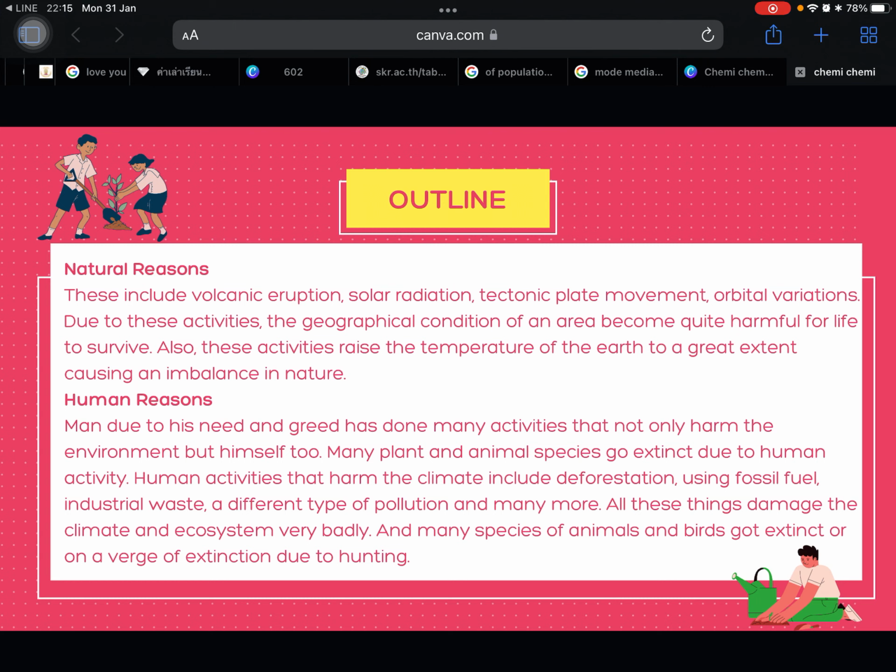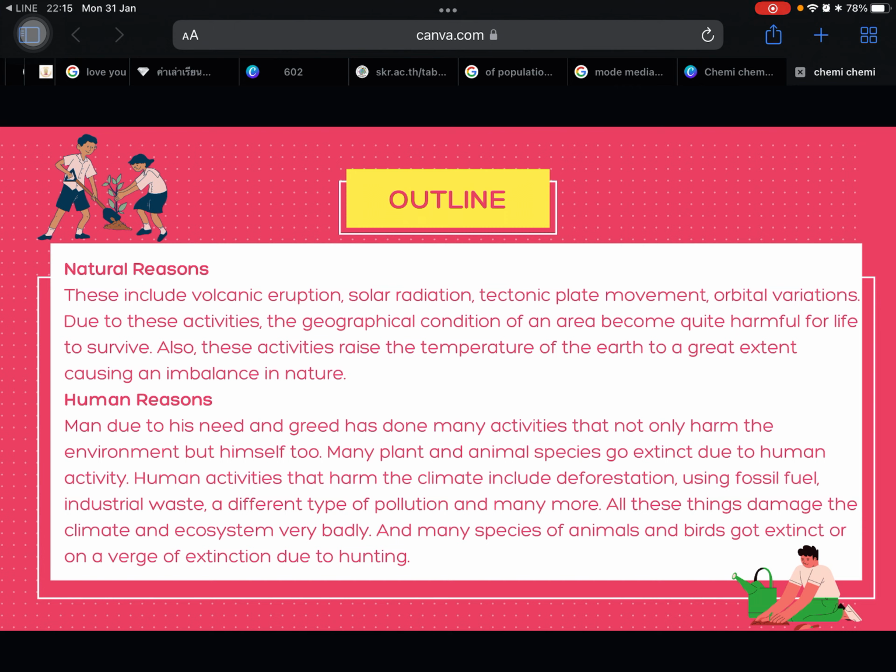Human reasons. Man, due to his need and greed, has done many activities that not only harm the environment but himself too. Many plant and animal species go extinct due to human activity.